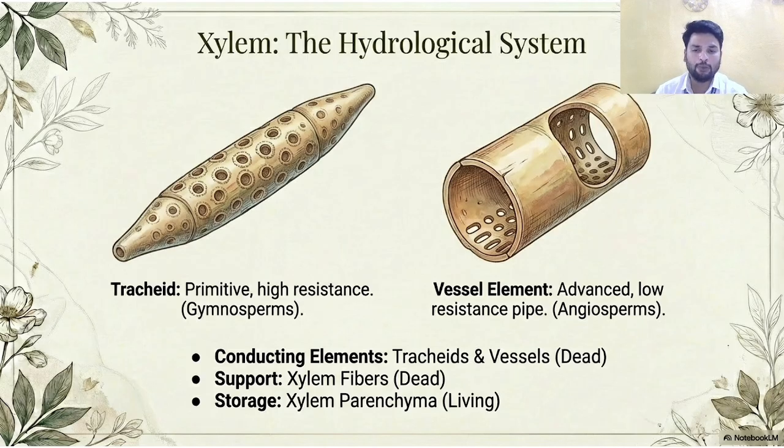For support, xylem fiber is there, which is also dead, and for storage, xylem parenchyma is there, which is living. Out of the four elements, tracheids, vessels and xylem fiber are dead in nature, and the remaining one, parenchyma, is living in nature.